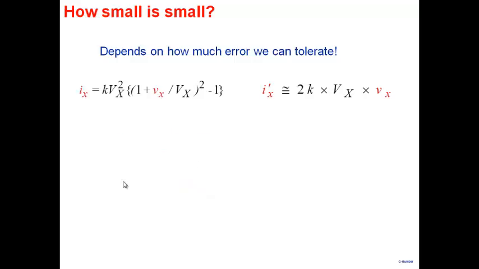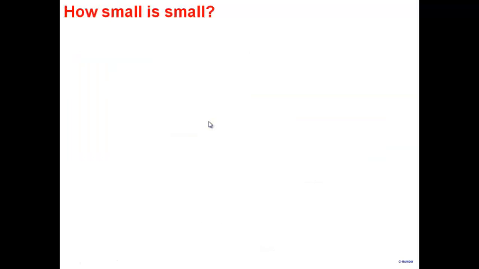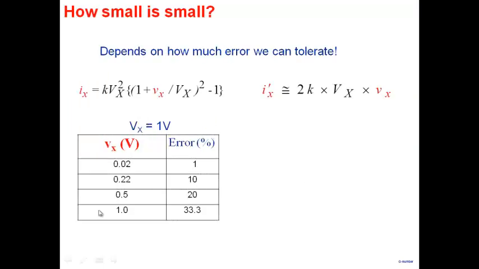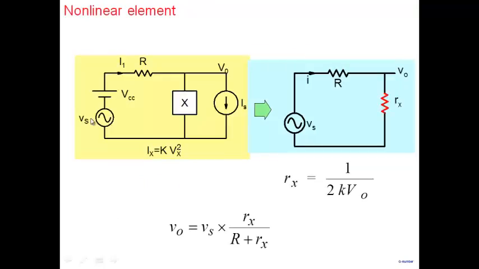Now, in practice, what would you do? Say I have a circuit like this. I don't know how small Vx is here. I don't know whether I can apply it. Even with 10% error, we know that we need Vx to be 220 millivolt. So with whatever sinusoid is given here, I apply this particular model.